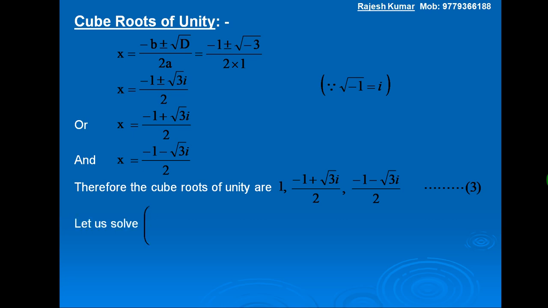Let us solve (minus 1 plus under root 3 iota upon 2) whole square, meaning the square of one of the complex roots of cube roots of unity. This is equal to (minus 1 plus under root 3 iota) whole square upon 2 square.